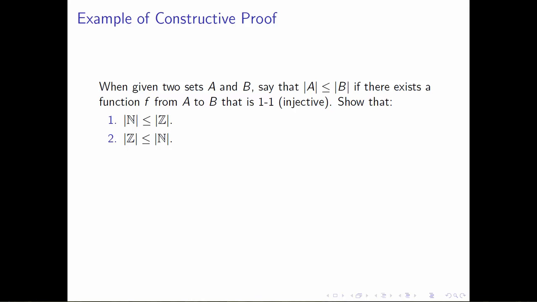But in fact, you can also prove, according to this definition, that the integers have size less than or equal to the size of the natural numbers. In fact, when you're dealing with infinite sets, it's probably better, instead of saying size, to say cardinality. The cardinality of the integers is less than or equal to the cardinality of the natural numbers. And it's this last fact that some people find really perplexing, but it is in fact true.